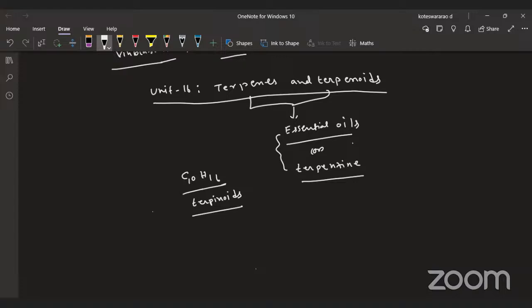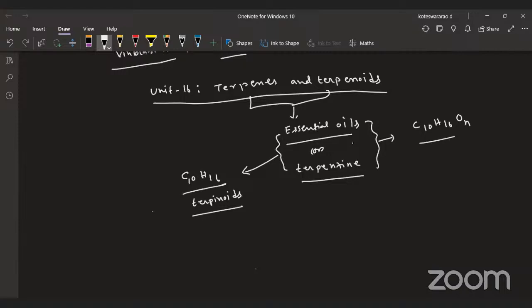At the same time, the oxygen derivatives like alcohols, aldehydes, and ketones were also isolated from these essential oils. One side, the hydrocarbon molecules are isolated, and they are named as terpenoids. At the same time, using the same essential oil or turpentine, they isolated molecules with carbon and hydrogen formulas and oxygen.